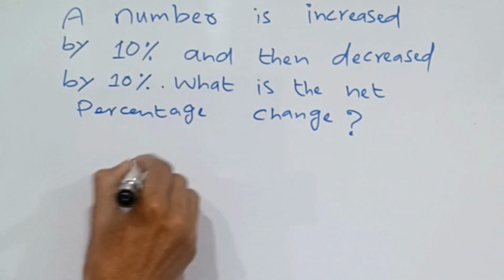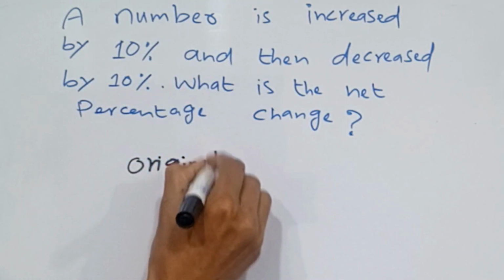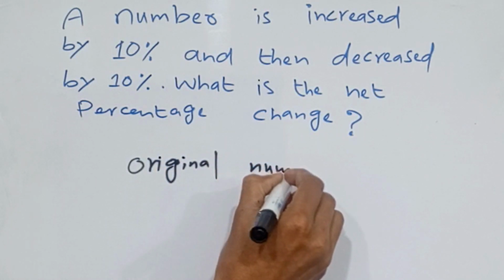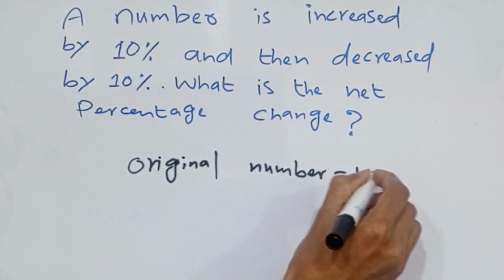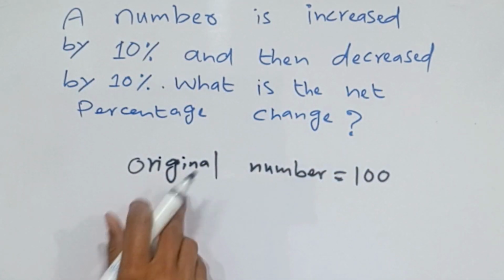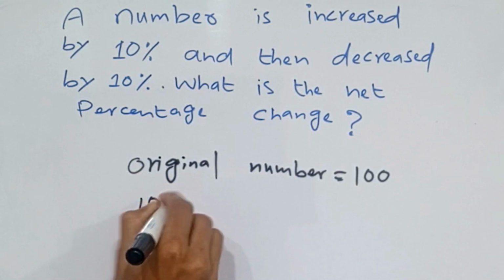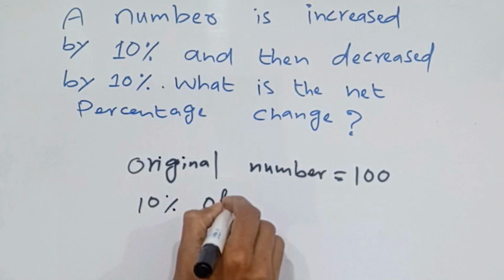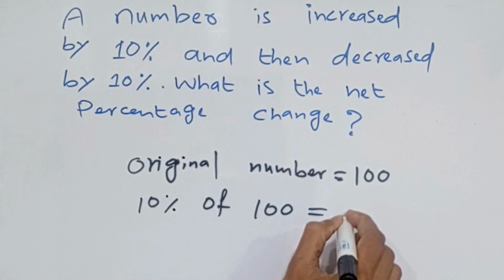Original number equals 100, right? Now 10% of 100 is equal to 10, right?